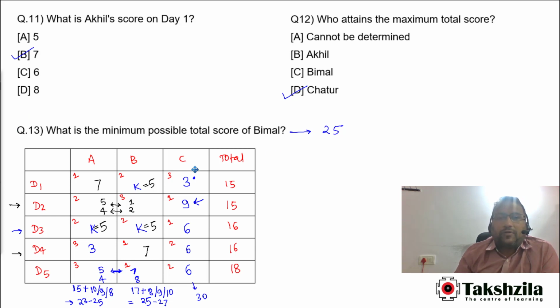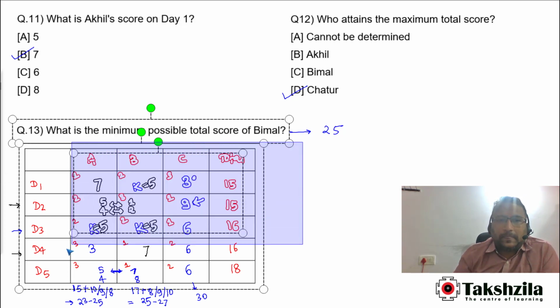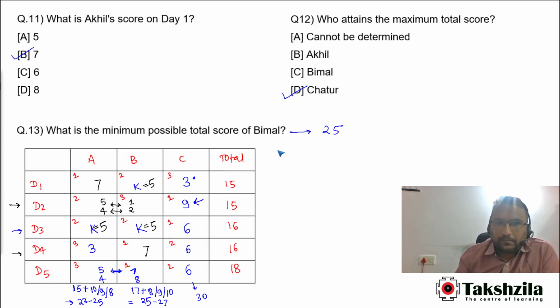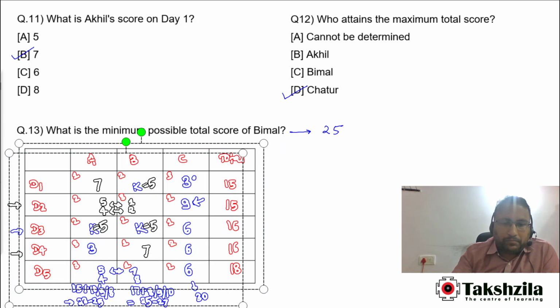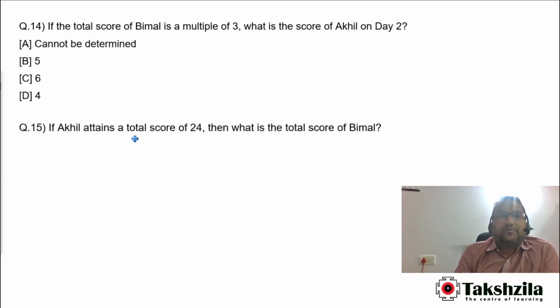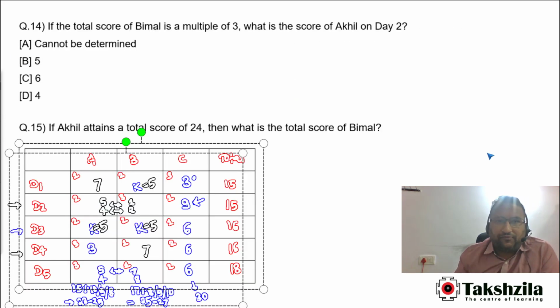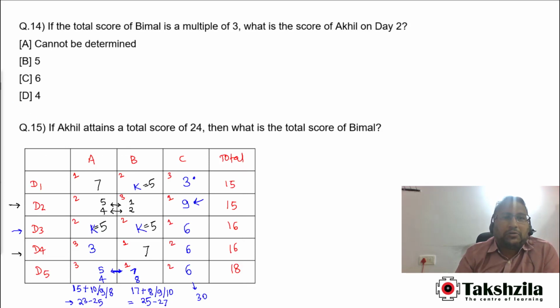After this, let's have a look at question number 14 and question number 15. Let me select this table. Question number 14 and question number 15. If the total score of Bimal is a multiple of 3, that is 27.